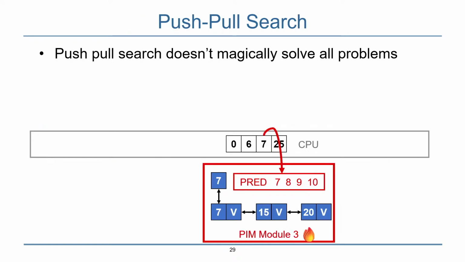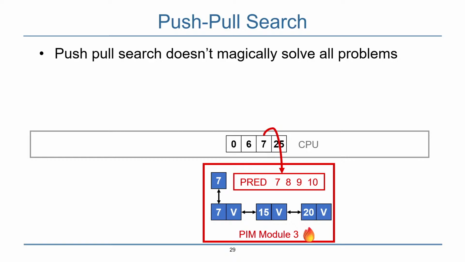Okay, something slightly more for push-pull search. Push-pull search doesn't magically solve all problems. We have an example here: suppose you are doing the range partitioning scheme and you have load imbalance. Can push-pull search solve this?